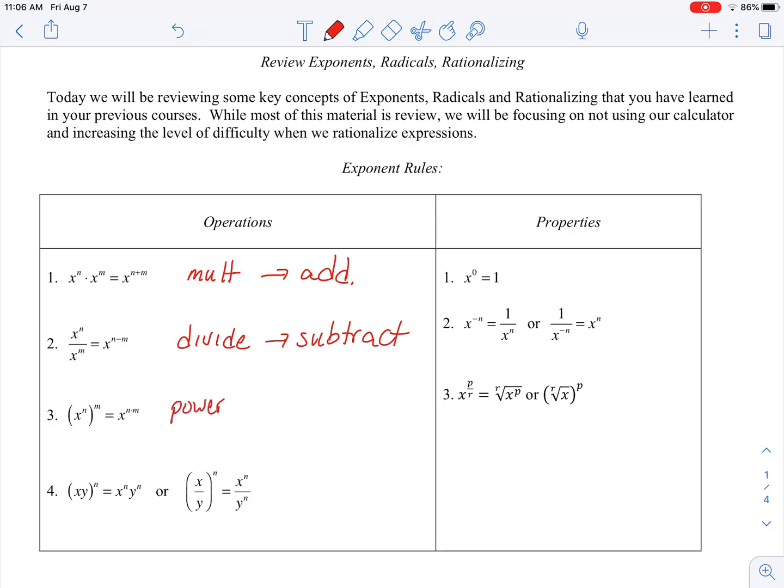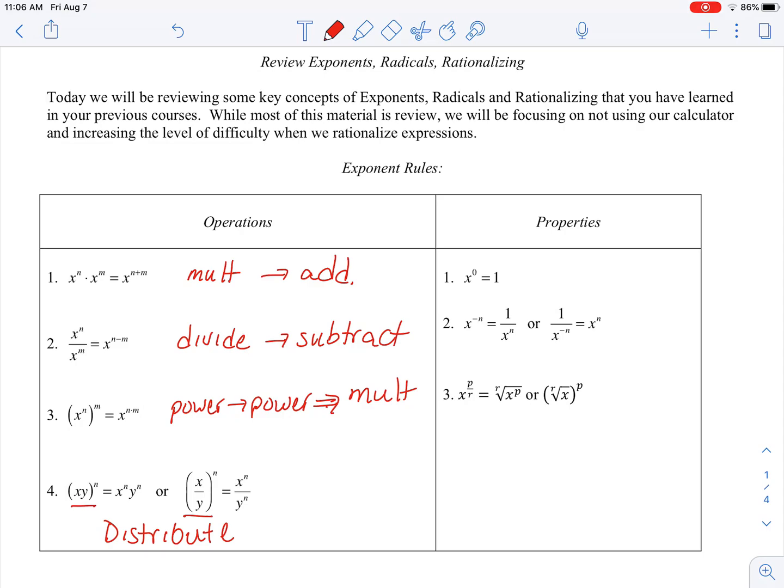When you raise a power to a power, we're going to multiply the powers. And when I have something in a set of parentheses that's being raised to a power, I'm going to distribute. Okay. And whether it be multiplying or dividing, we can distribute that power into the set of parentheses.